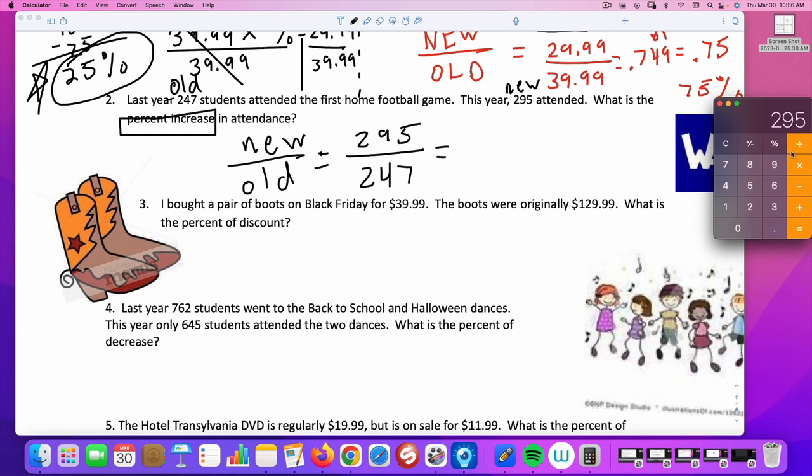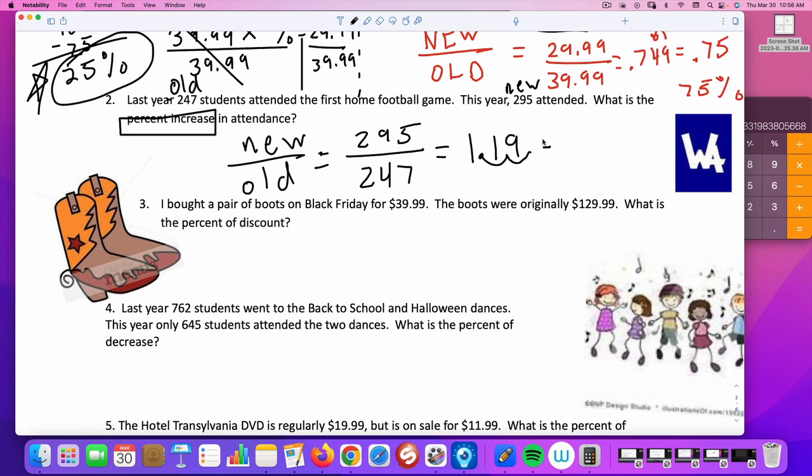I keep getting 1.1943319. It was 1.194. Let's round to the nearest hundredth. The 4 is 4 or less, so let the 9 rest. This is 1.19. Your percentage is 119%.